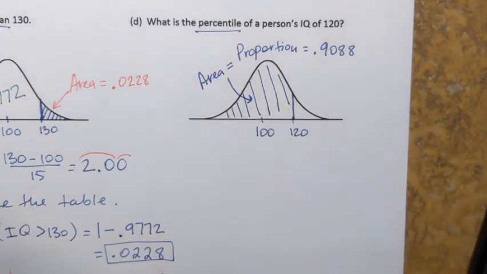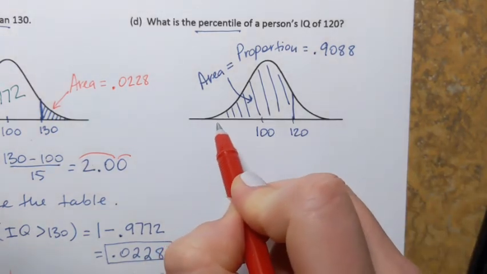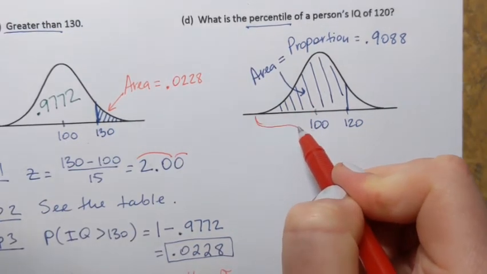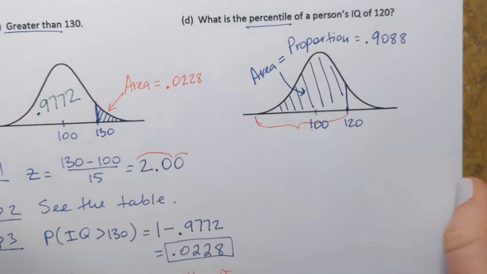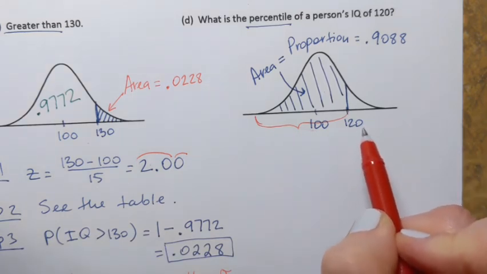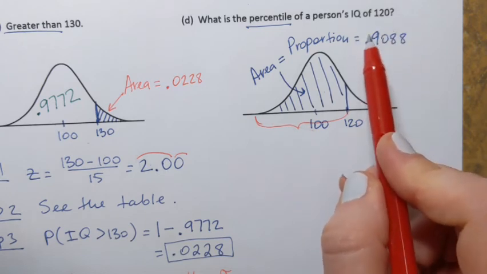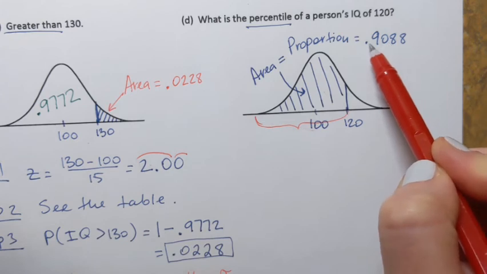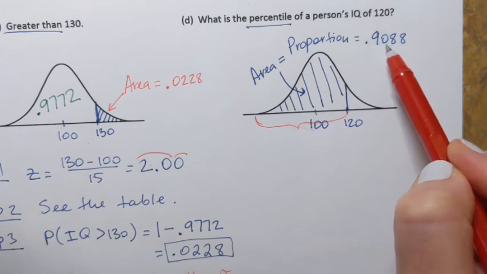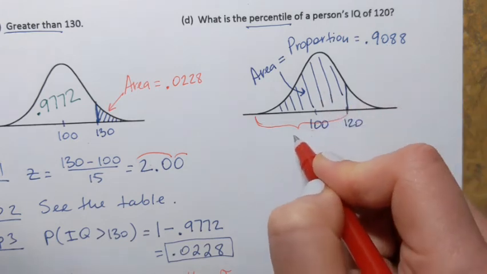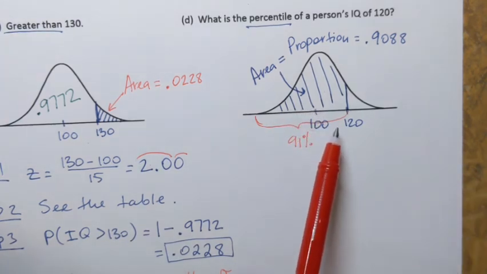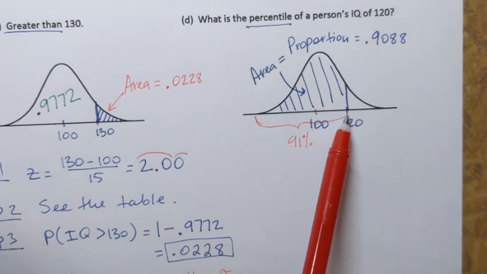Okay, so that's the proportion of all observations that lie below 120, or less than or equal to 120. In other words, what percent of people have scores that are 120 points or less? How do I convert it to percent? I just move the decimal point 2 places to the right. It's approximately 91, so it's 91%. 91% of people would score 120 points or less.